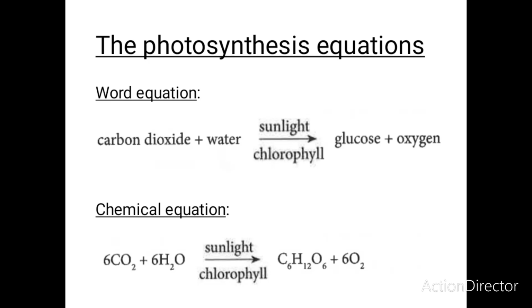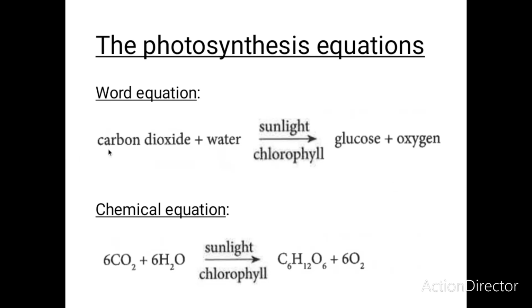On this slide, we can see the word equation and the chemical equation for photosynthesis. The word equation tells us the reactants for photosynthesis, the conditions necessary for photosynthesis, and the products of photosynthesis.